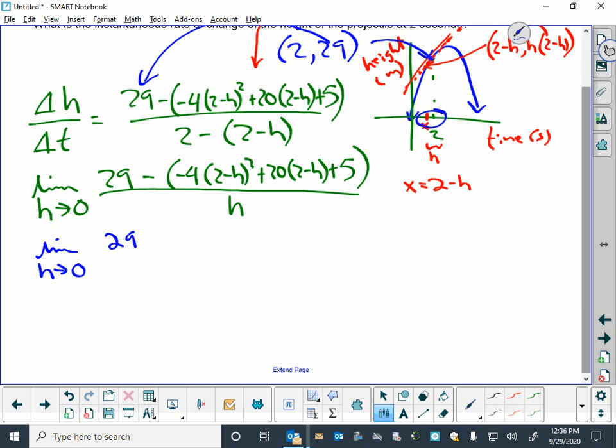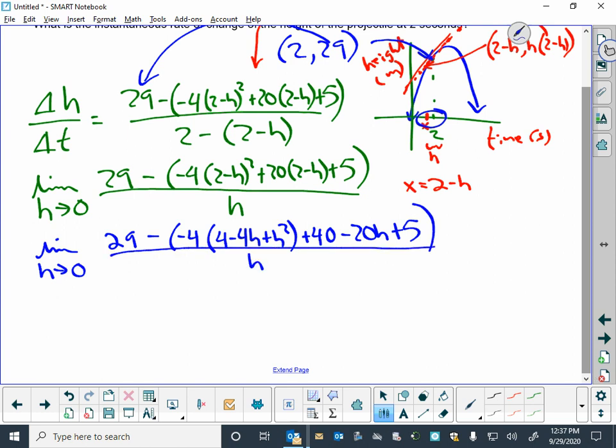So I'm going to have a 29 here, minus, and inside here that's a negative 4 times 2 minus h squared, which is 4 minus 4h plus h squared, plus 40 minus 20h plus 5 over h.